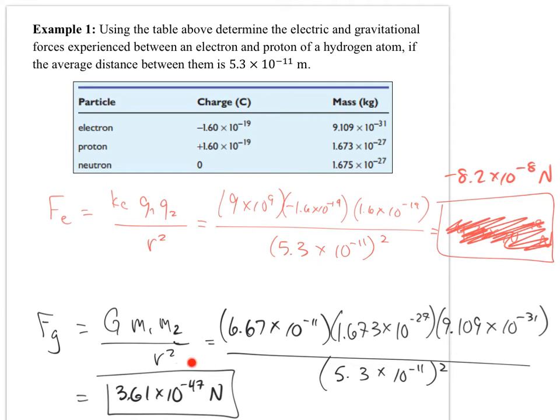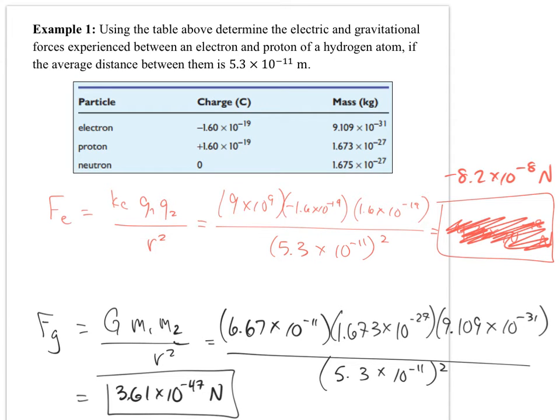This is a whole lot smaller than the number over here. Again, forget the negative, forget the positive. Just look at the order of magnitude. This is a much larger number than this is, by a lot. Negative 47 versus negative 8. This is 46 zeros before you get to 0.361.